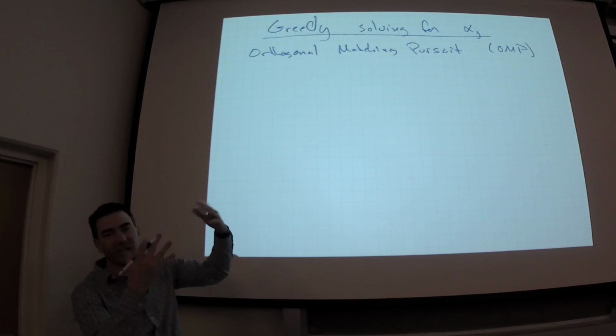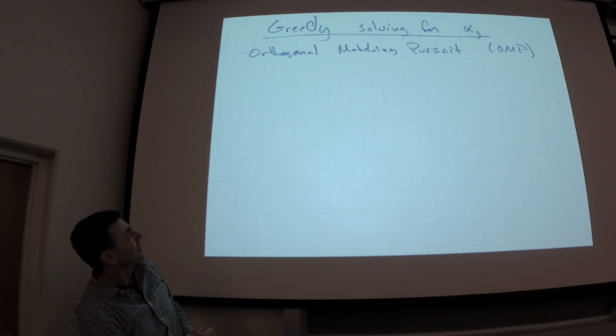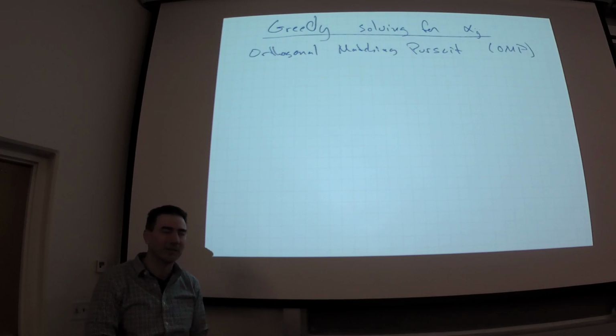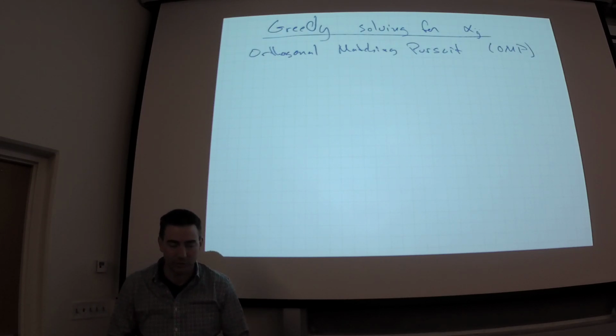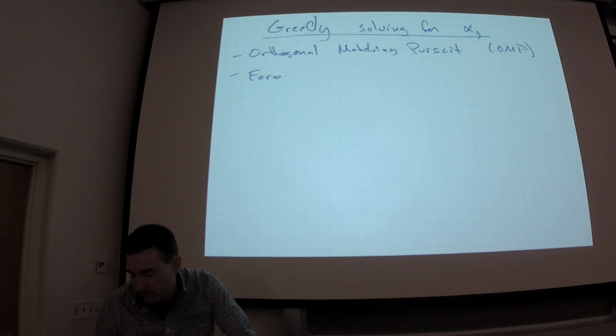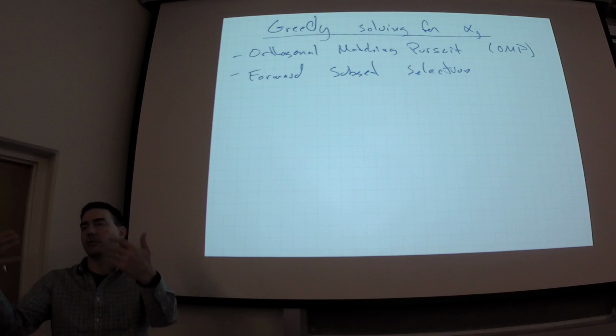The pursuit is the term that corresponds with greedy. The orthogonal matching part is a little bit harder to explain. After I describe it, maybe I can give intuition of where that's coming from. This is sometimes also called forward subset selection, the idea being I'm trying to find a proper subset of the right coordinates.